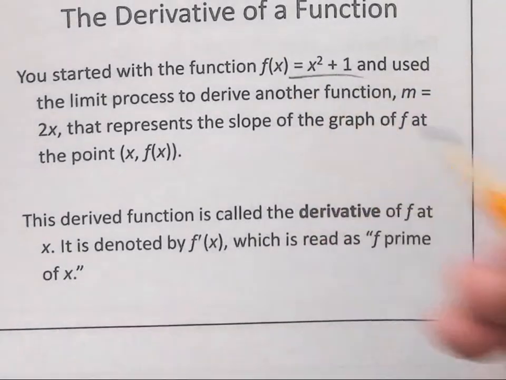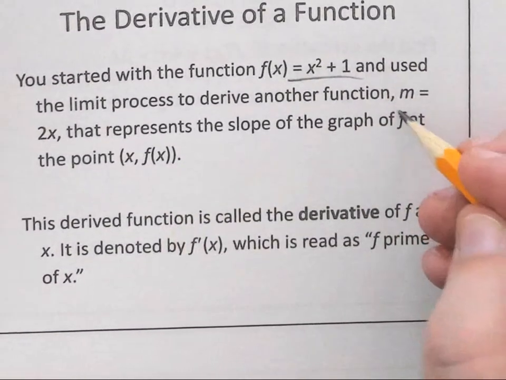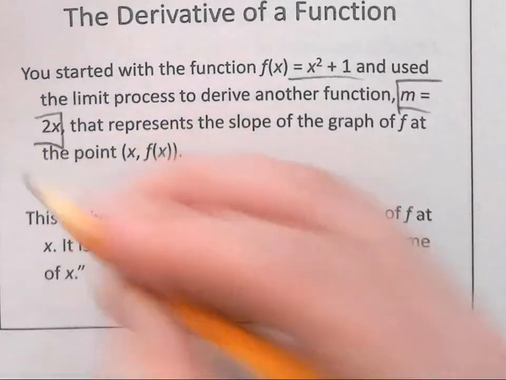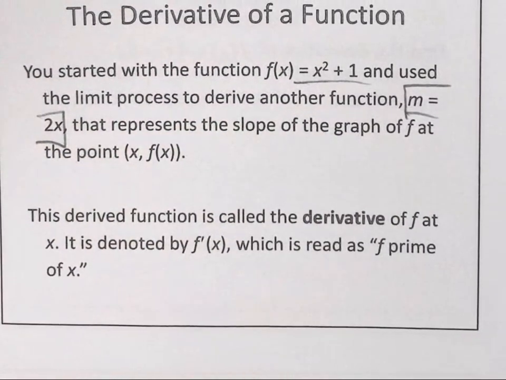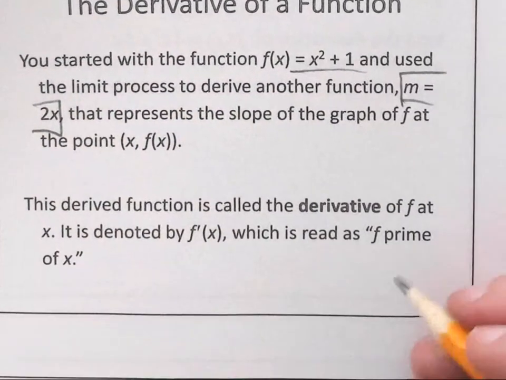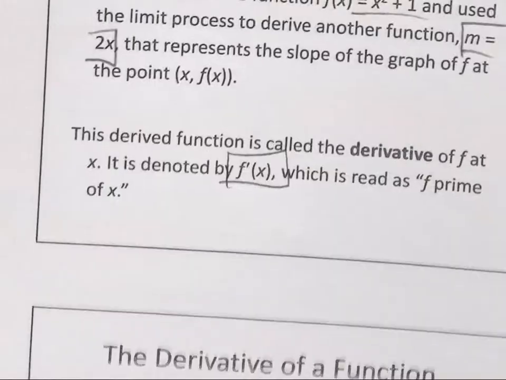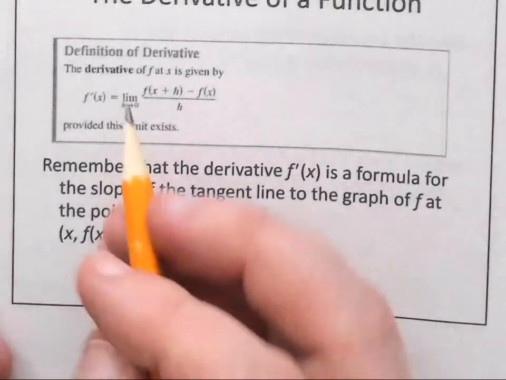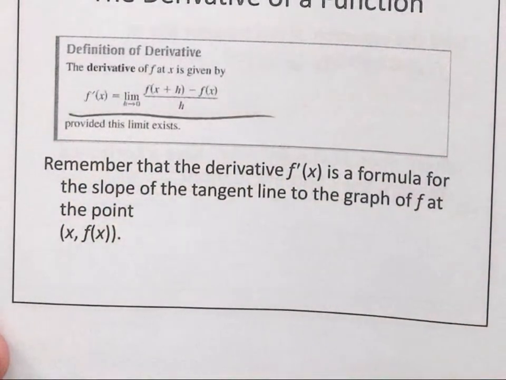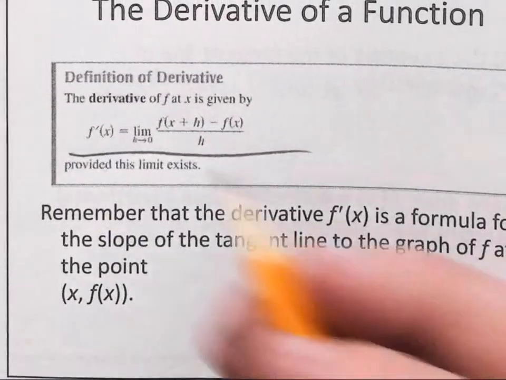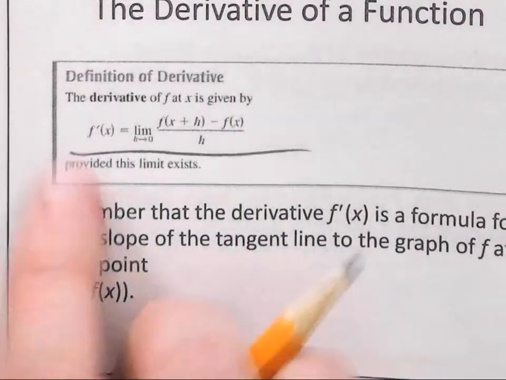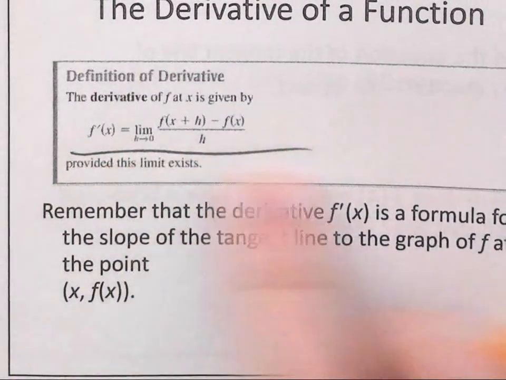For x squared plus 1, you actually end up with the slope of 2x. That's what's called the derivative. Now, they'll notate it by saying f prime of x. So if you want to find the formula of the slope, all it means is you're looking for f prime of x. If you see f prime of x, that stands in for this entire formula.